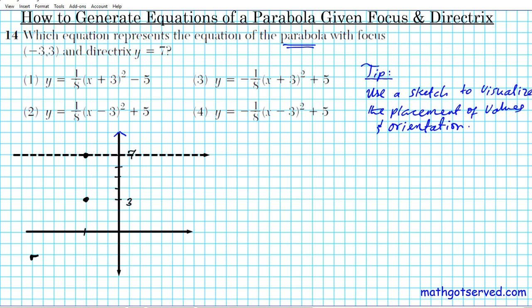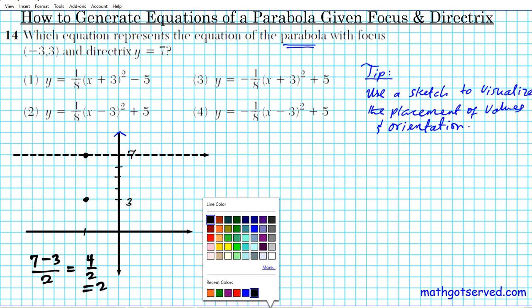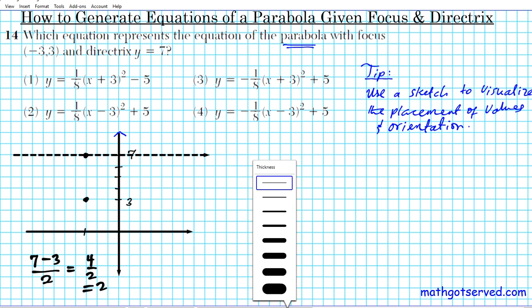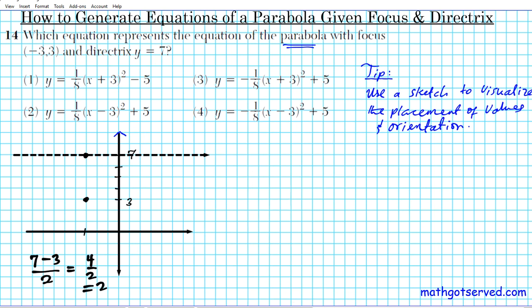Okay? So to find a median, all you just do is subtract the 2. 7 minus 3 divided by 2. So 7 minus 3 is 4 over 2, which is 2. What we just found is the p-value. Okay? So the p-value that we're going to be using to generate the equation of our parabola is 2.